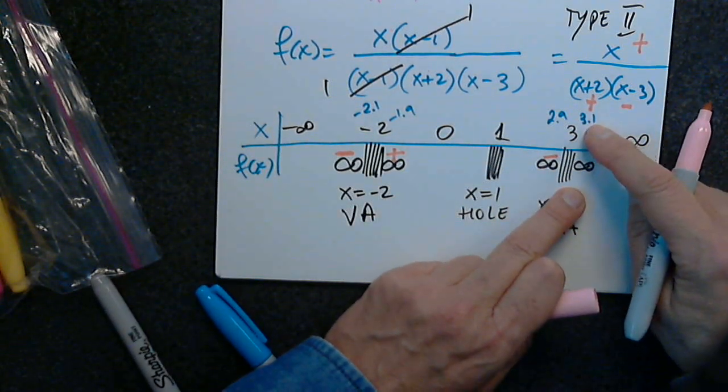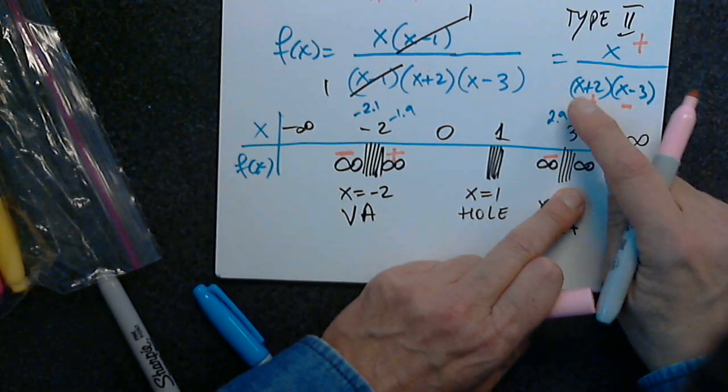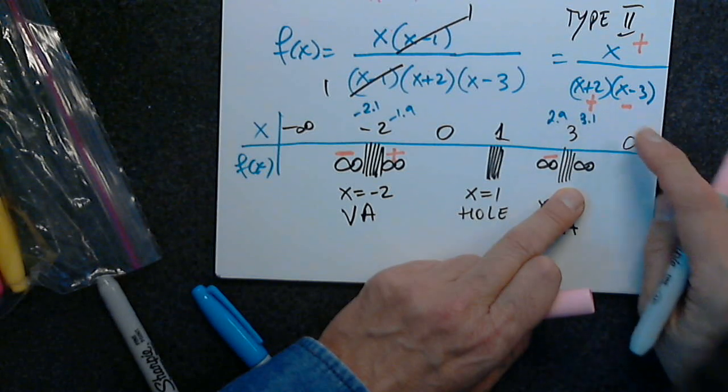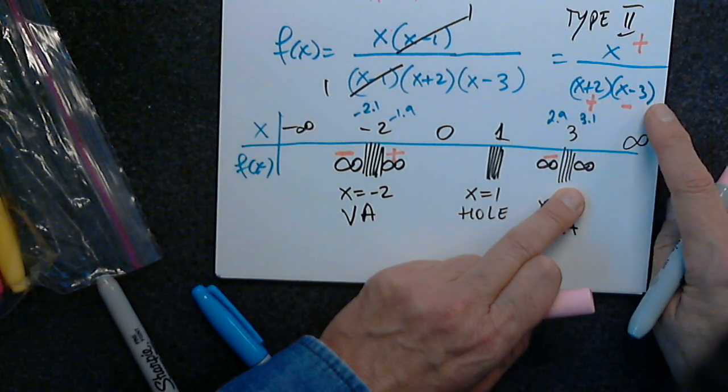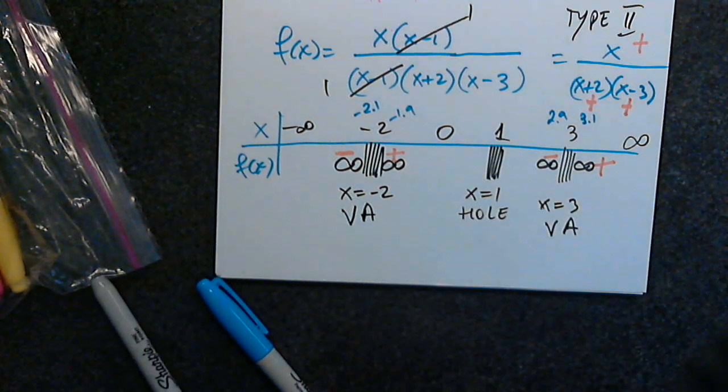Let's plug in 3.1 at the top. 3.1 plus 2. 3.1 minus 3. Which one is bigger? Very good. So the right-hand side is positive.